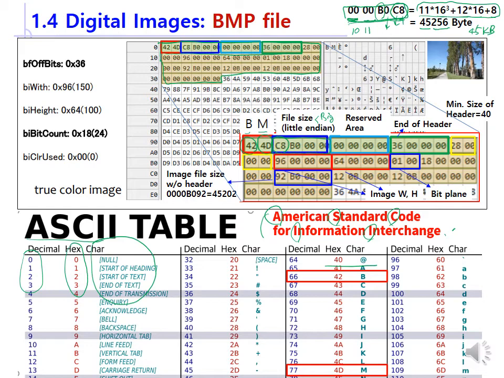The image reserved areas are 2 reserved areas, and this is the end of header. This is the offset number.